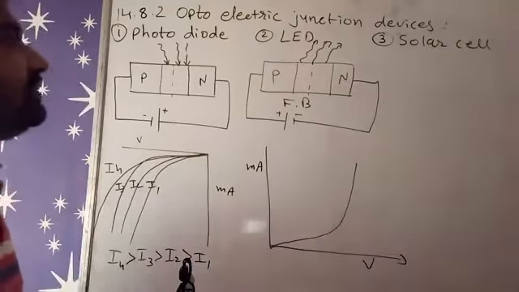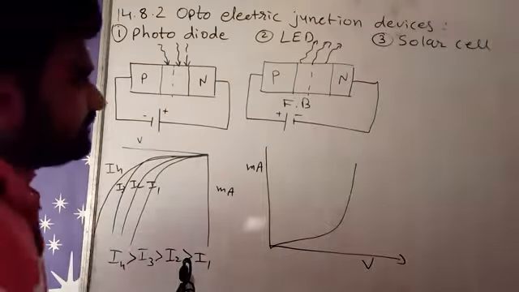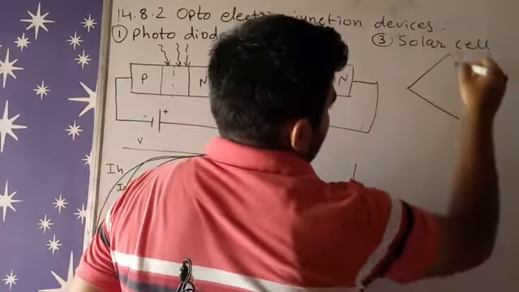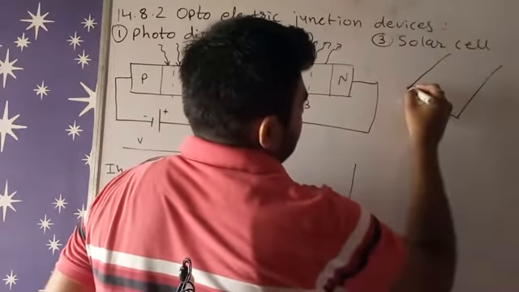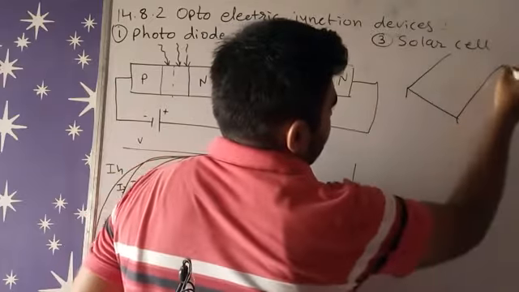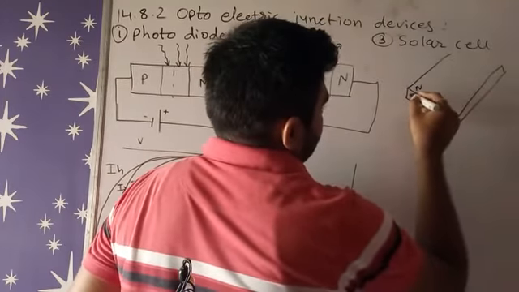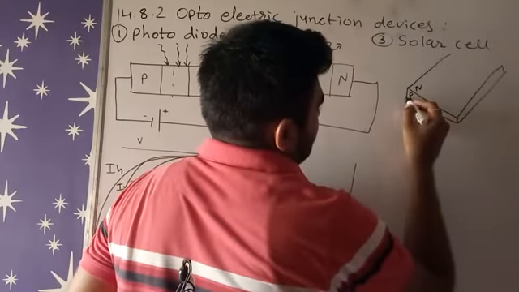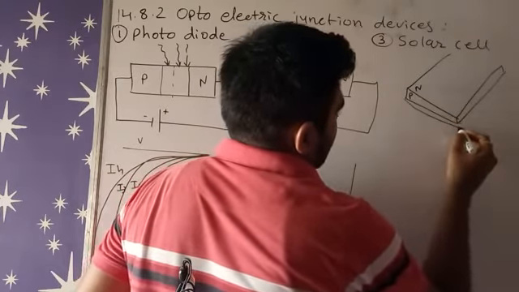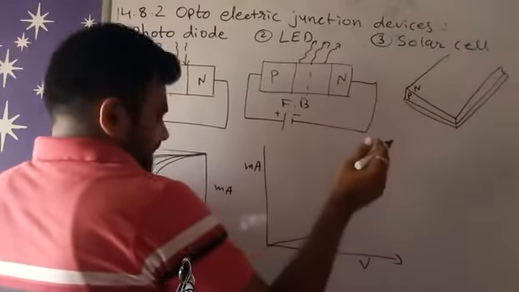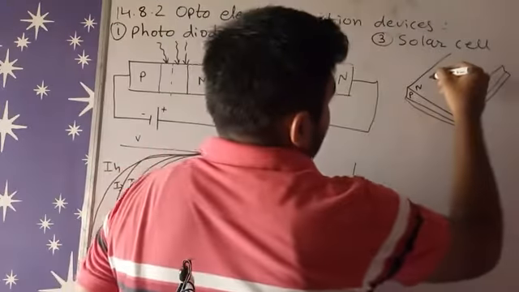Now we come to the solar cell. The solar cell is somewhat different from the other cells. This is N, this is P, this is our back terminal, and here we are using the front terminal.